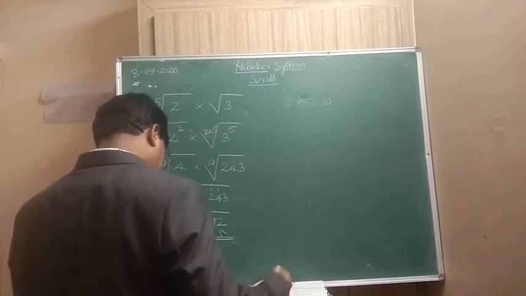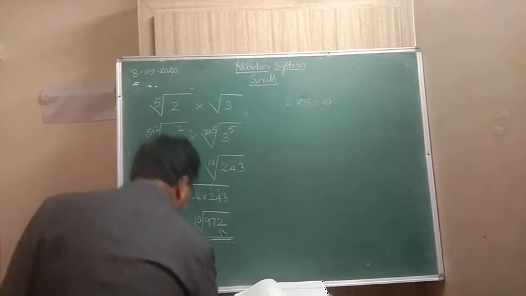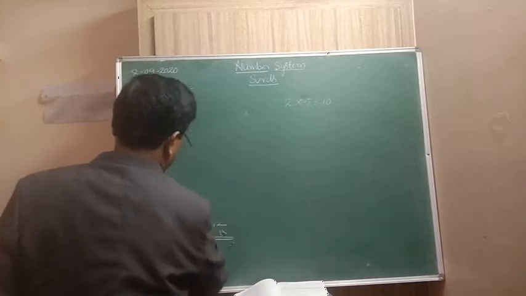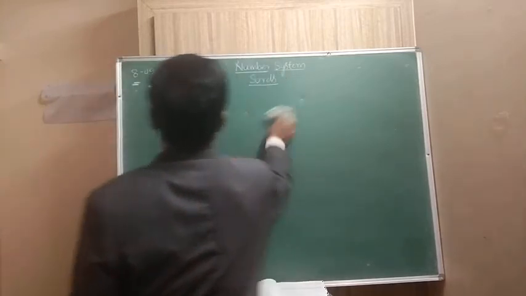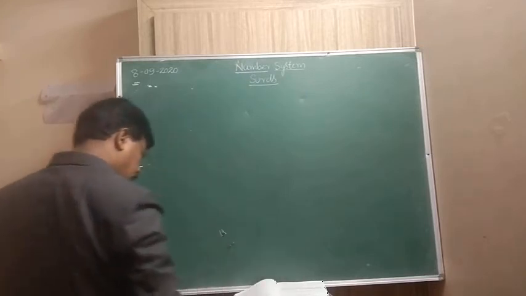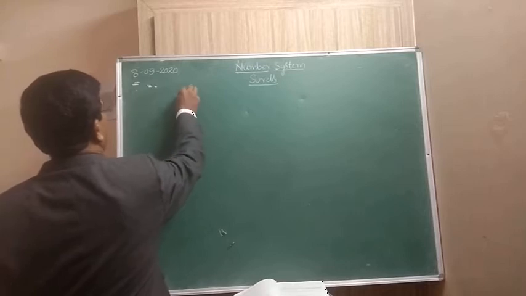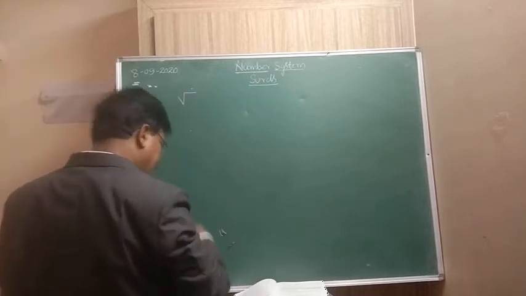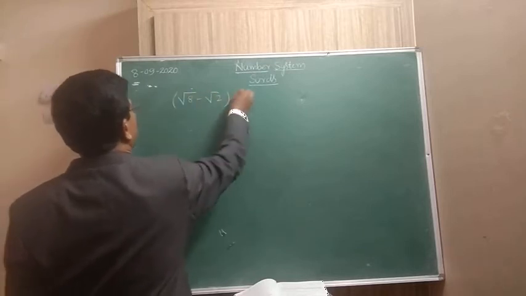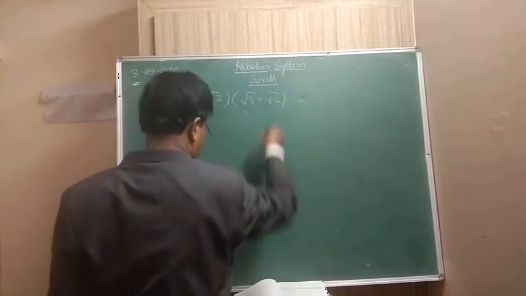Now next is simplification, and you know how to multiply binomial surds using the formula a plus b into a minus b, and a plus b whole squared also. Let us take a plus b into a minus b: the square root of 8 minus the square root of 2 into the square root of 8 plus the square root of 2.